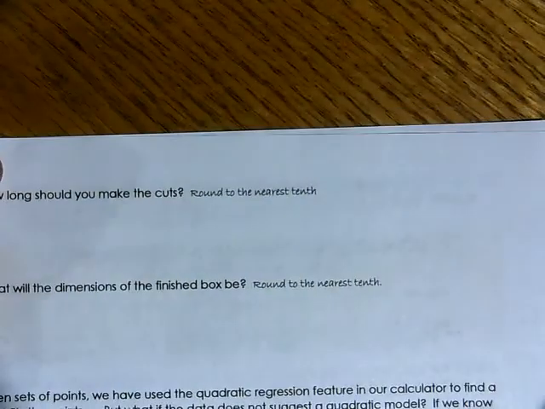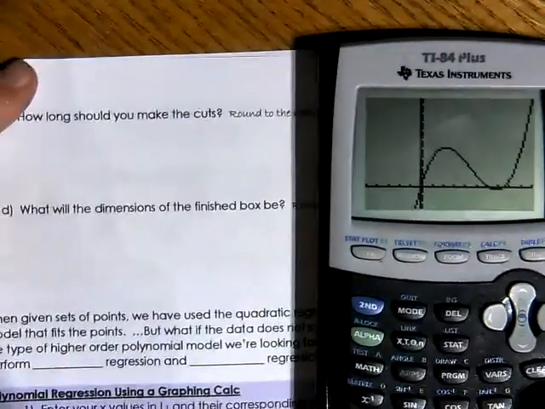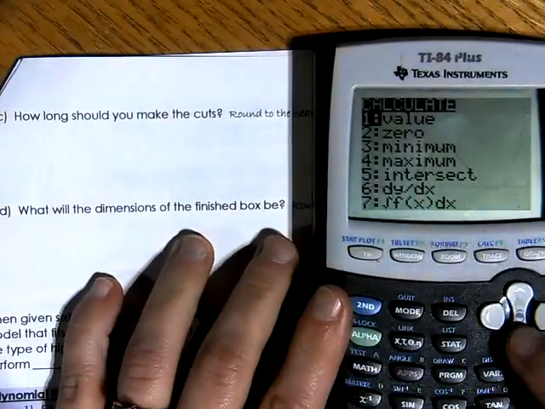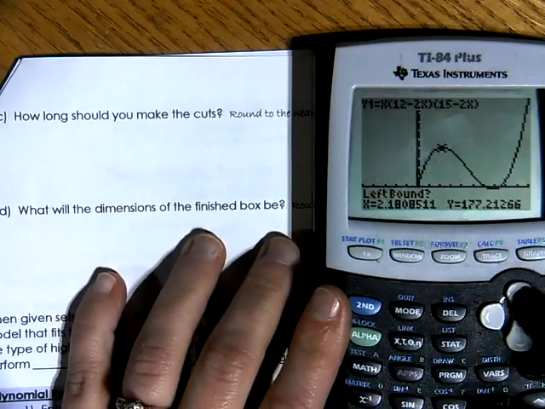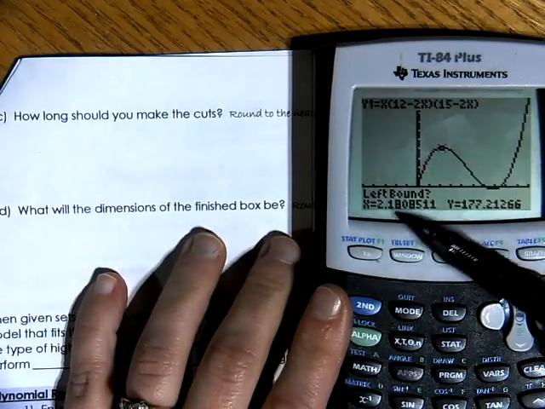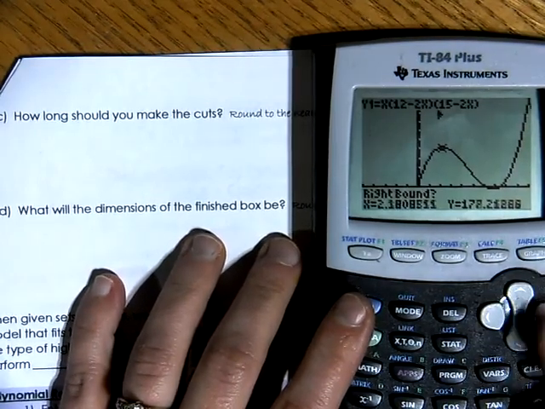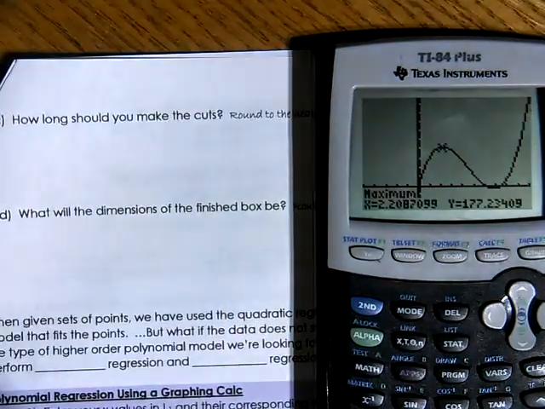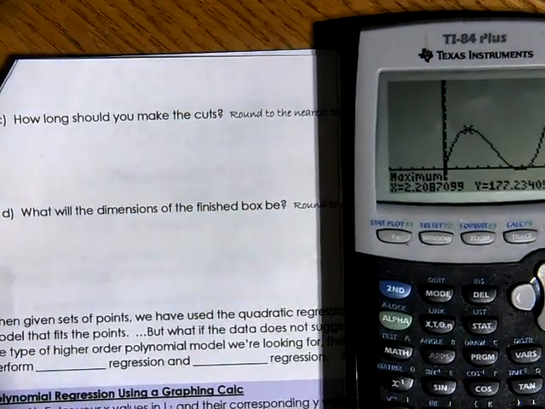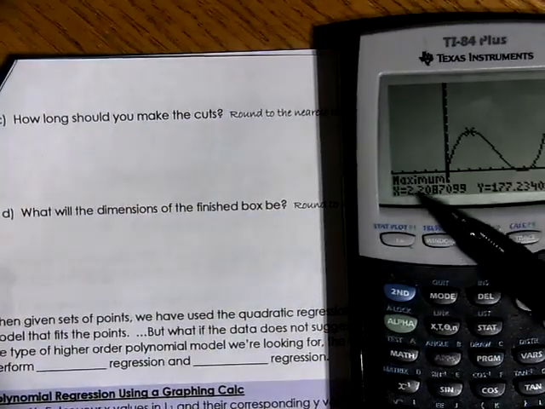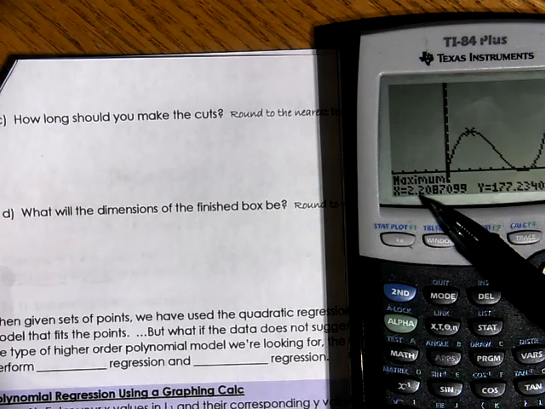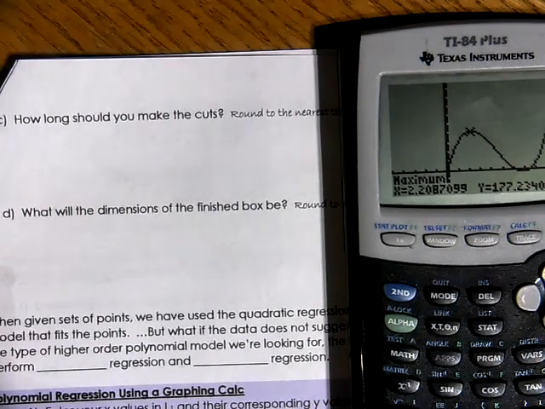All right, let's go on to the next question. Now it's asking, how long should you make the cuts? So let's go back to what that maximum was again. Hopefully it's right there. Let me go ahead and adjust my screen. Enter, enter, enter. So let me go back to that max again. I didn't mean to clear it out. And it looks like we should make our cuts, which is our x value, 2.2 inches.